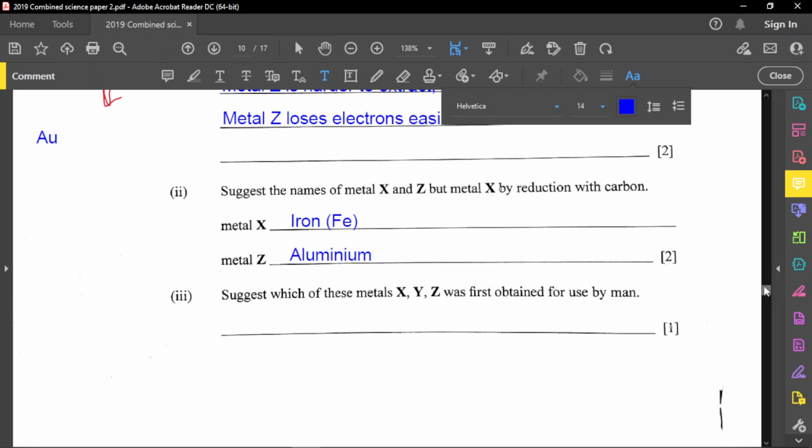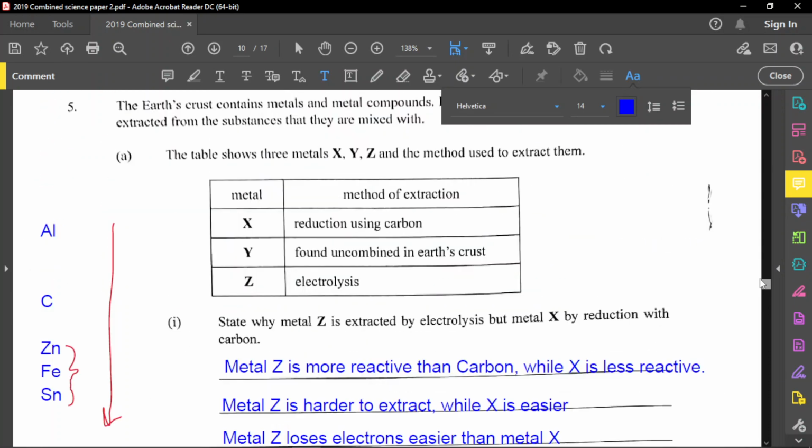I want to point out something here because this is very important. Let me go back to the chart. For metal X, there could be more than one answer, because truthfully you have iron, that is Fe. You also have zinc that could be extracted in this way, and also tin. Any of these three can be extracted using reduction by carbon. That's why they are below carbon.